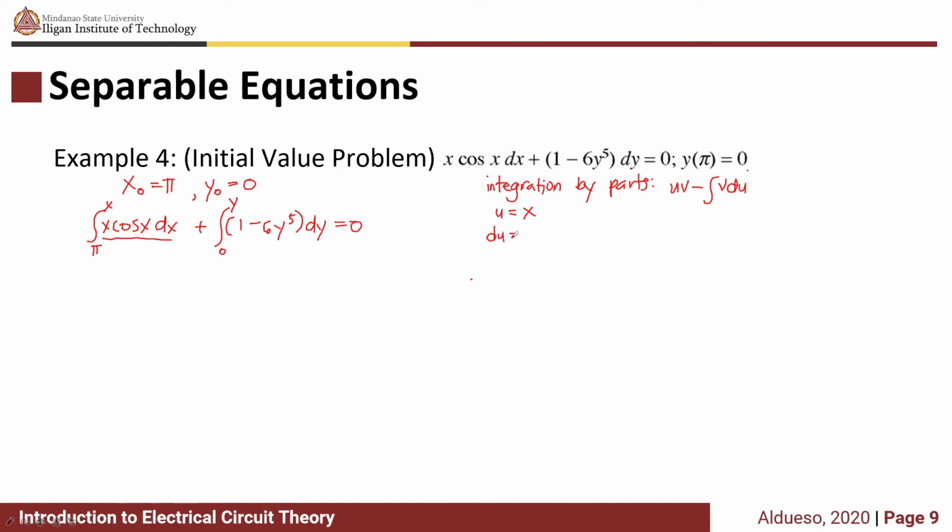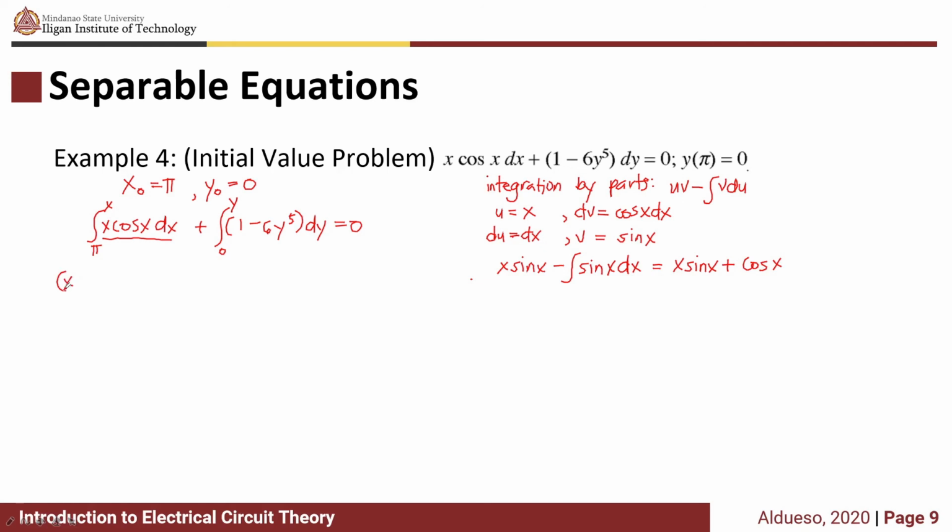We have du is equal to dx, and dv equal to cosine of x dx, or v equal to sine of x. We have uv, we have x sine of x minus the integral of v du. We have sine of x dx, which is equal to x sine of x plus cosine of x.